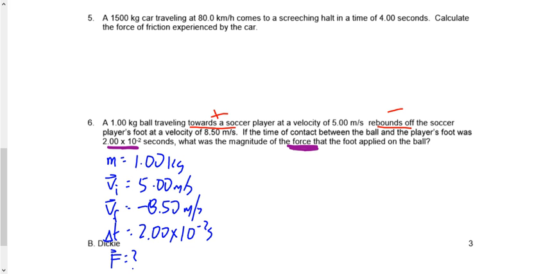All right, it's an impulse question. You told me that already. There are 3 parts to the equation: delta P, F times T, M times delta V. Which 2 parts do you want to use for this?